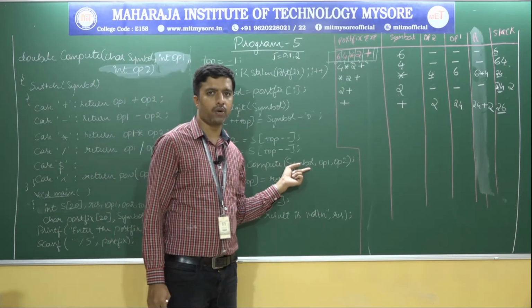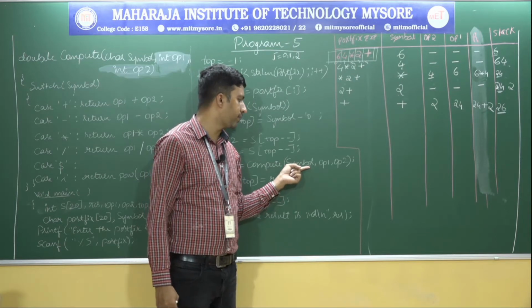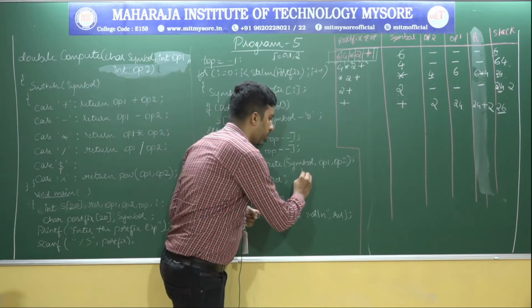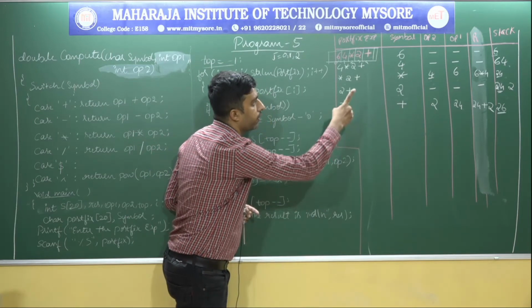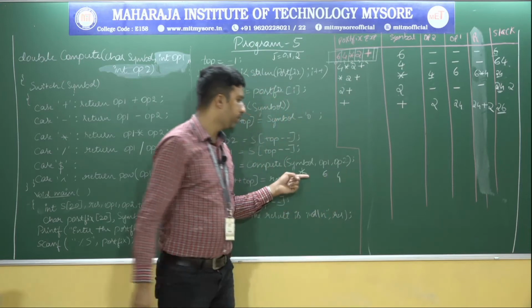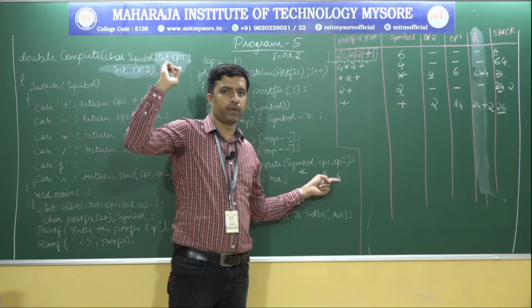What does it carry out? It passes as arguments the symbol, which here is star, operator 1 is 6, and operator 2 is 4. These are the elements passed to the compute function.